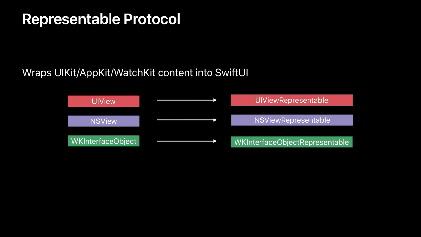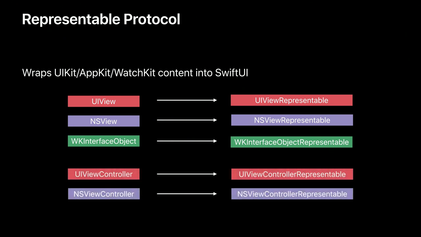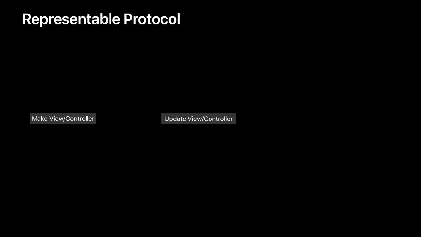Additionally, we can also present view controllers in SwiftUI with the help of view controller representable protocols. The representable protocol has two required methods, the make method and the update method. The make method is where you create the view controller that you want to present in SwiftUI.